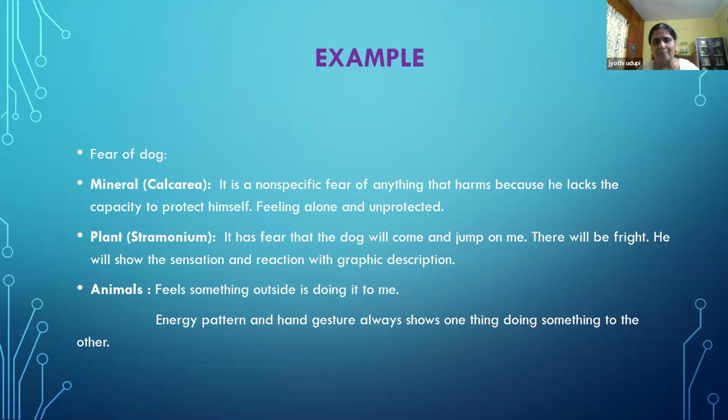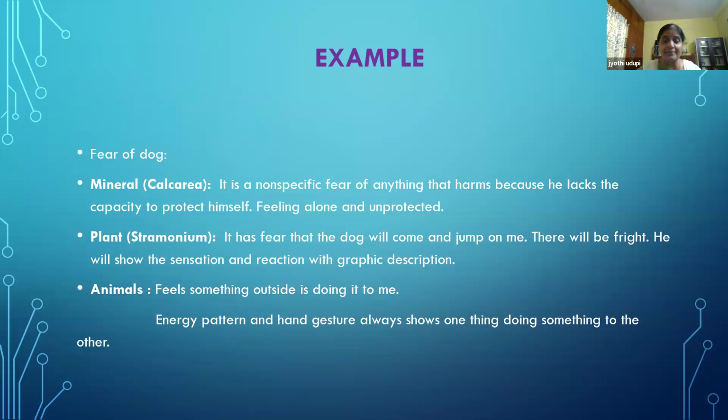An even easier example, which Dr. Rajan Sankaran has given in all his books, is love failure. What does a mineral kingdom patient say? I think I need to improve. There is something in which I am not attracting him. So the problem is within me.